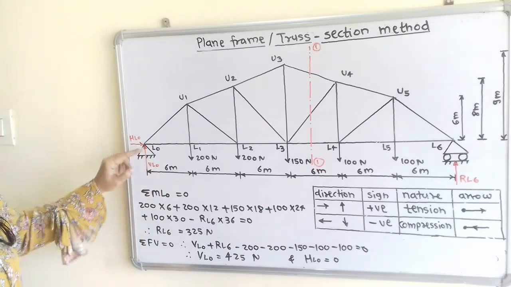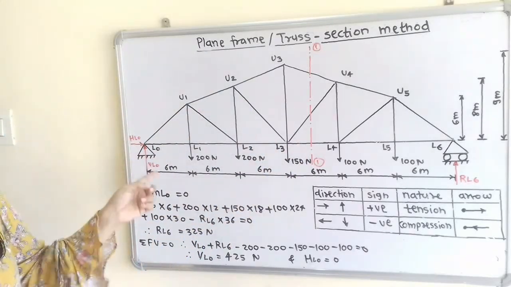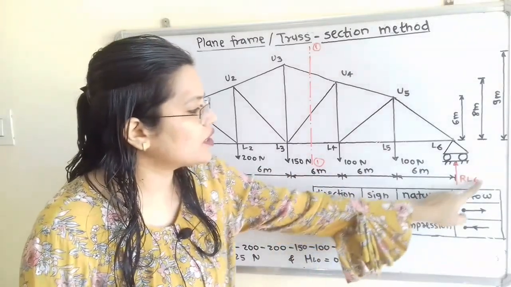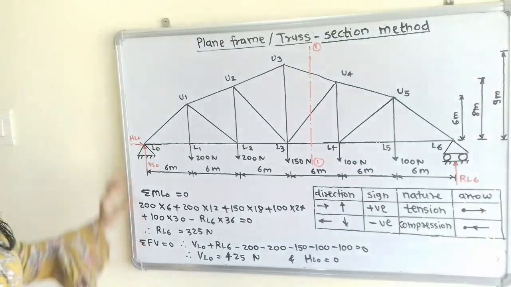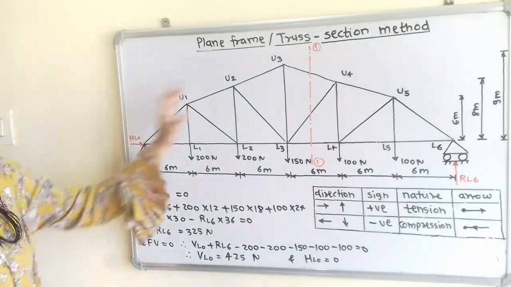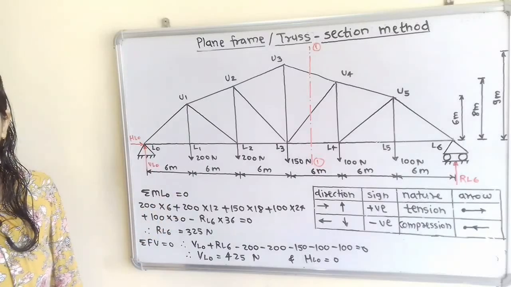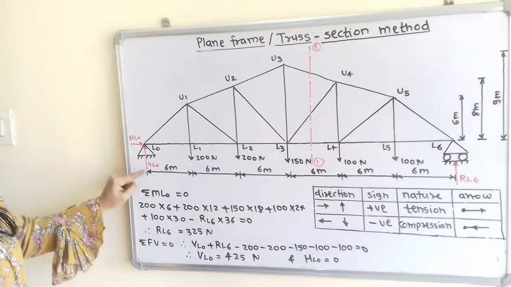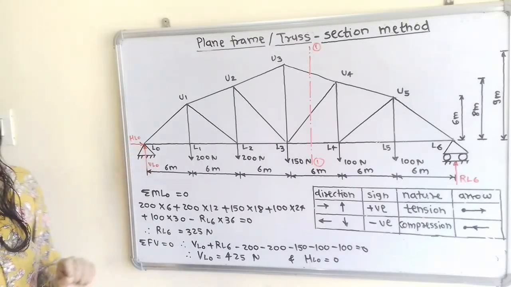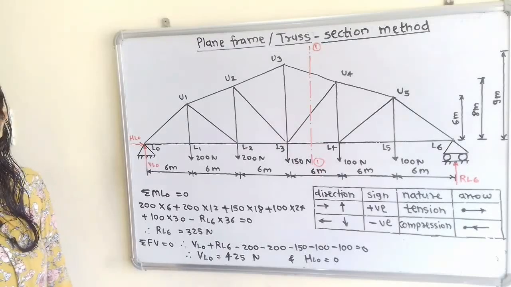So if we take the moment of all the forces about point L0, we can find the unknown reaction RL6. So we first take the summation of moments of all the forces about point L0 equal to 0.